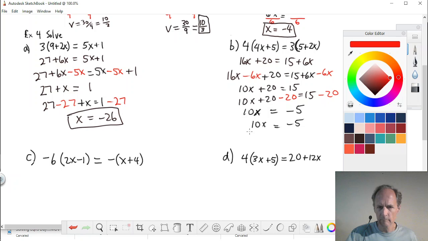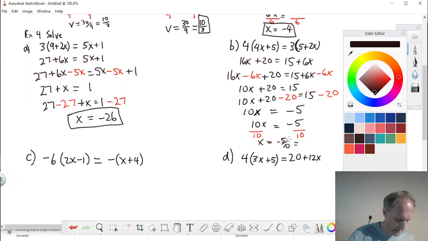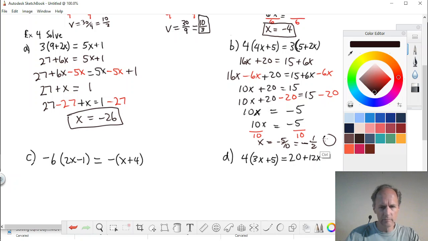Leaves us with x equals negative 5/10. Should write that in lowest terms. And that's going to be negative 1/2. It's also okay to punch it into the calculator, and that would give you negative 0.5 if you put it in the calculator.